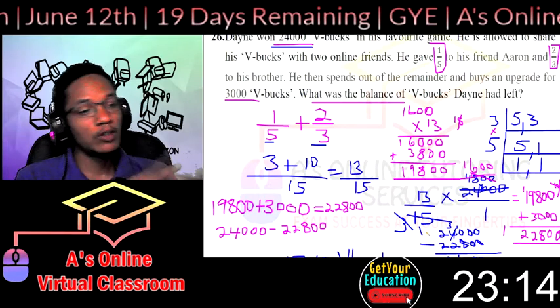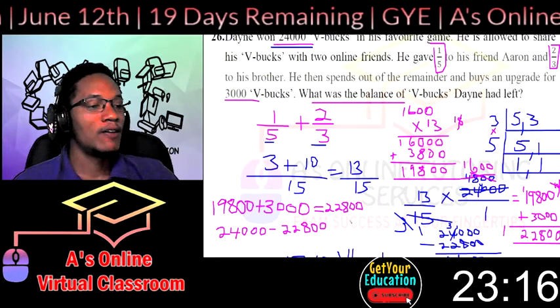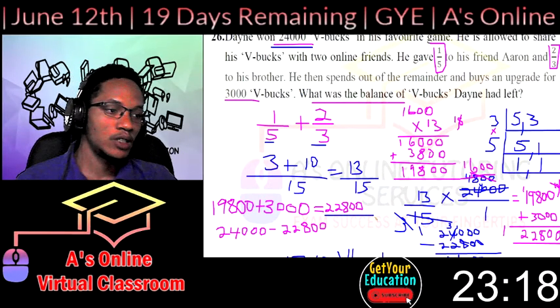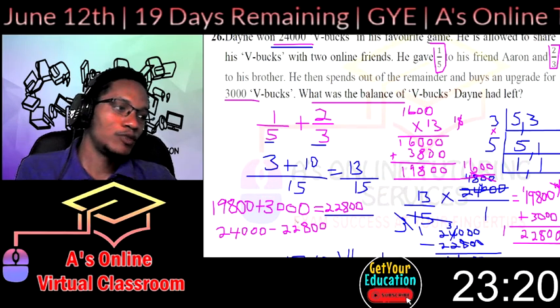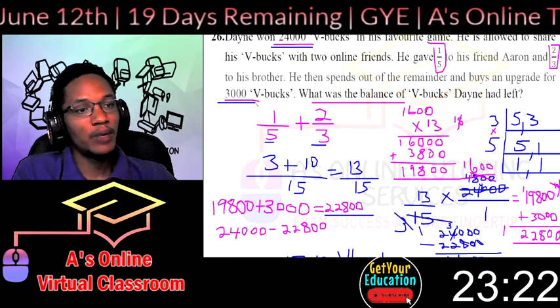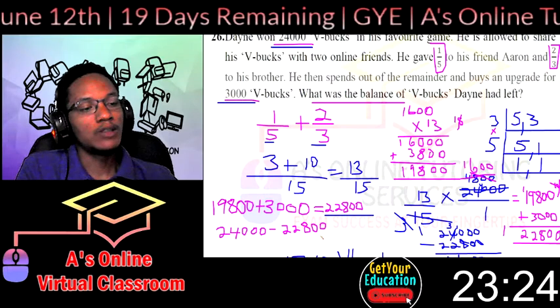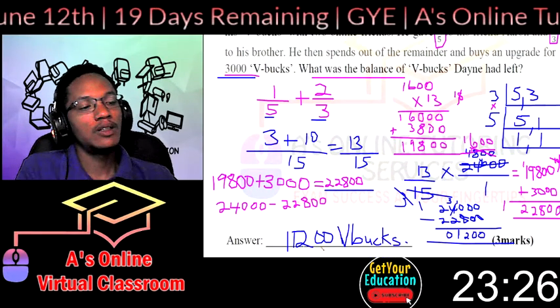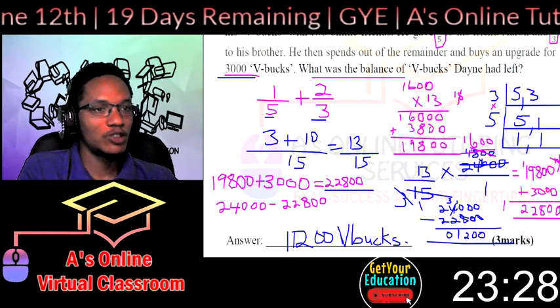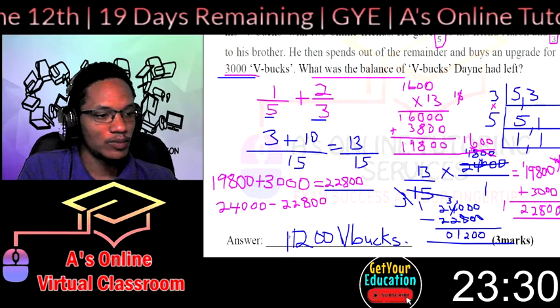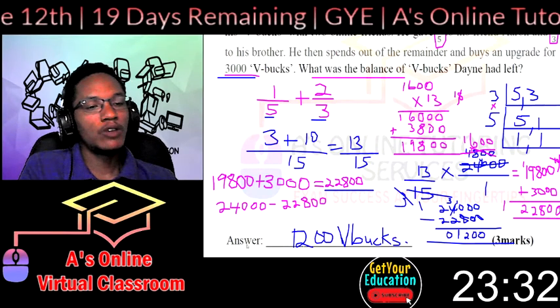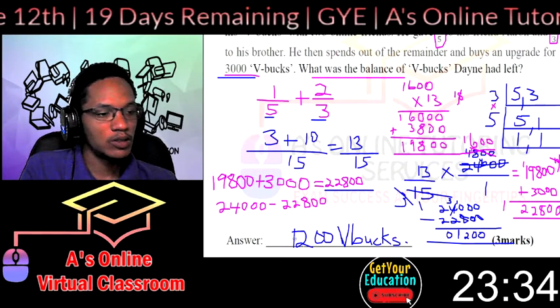Then we figured that out in terms of the exact value, which was 22,800. And from there we added his spending, and then we subtracted to see that he had 1,200, not 11,000. 1,200 V-Bucks remaining.